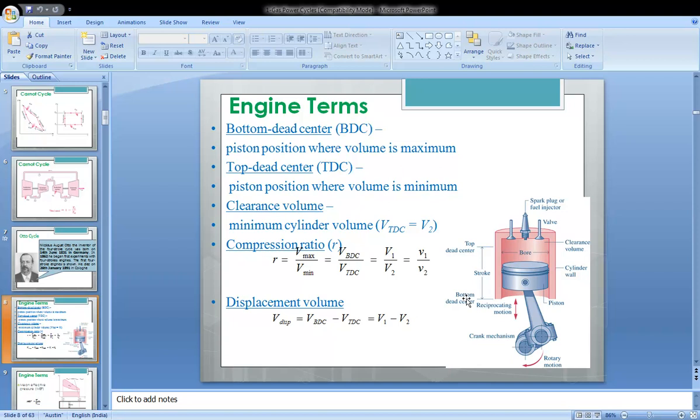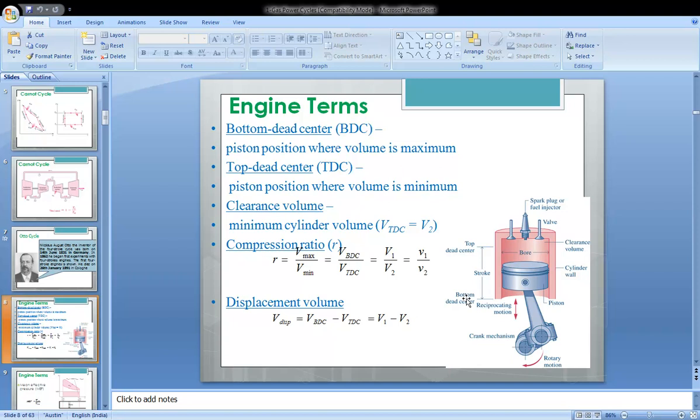A compression ratio is always greater than one. Based on volume, it is the ratio of the total volume of the cylinder to the clearance volume, that is, the volume before the compression process to the volume after the compression process.